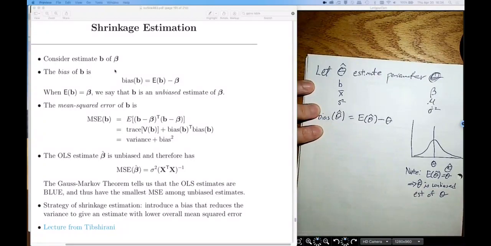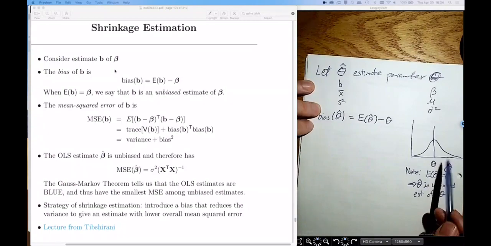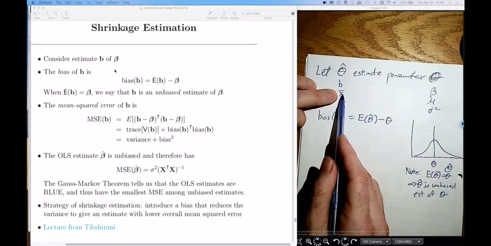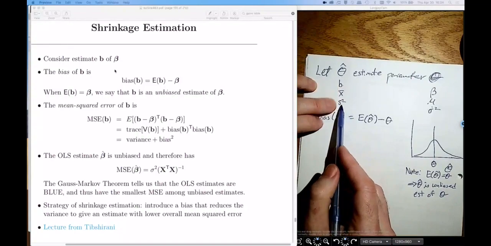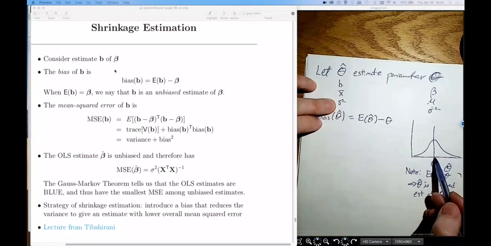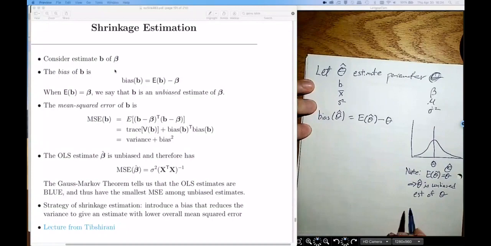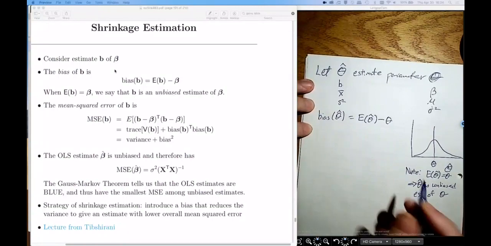The way I always like to describe this is, on average, we're right. Sometimes when I draw a sample, my estimator, whether it's x bar or the slope or s squared, is too high. Sometimes it's too low, but on average, I'm getting exactly the right value. So that is an unbiased estimator because the bias is 0.